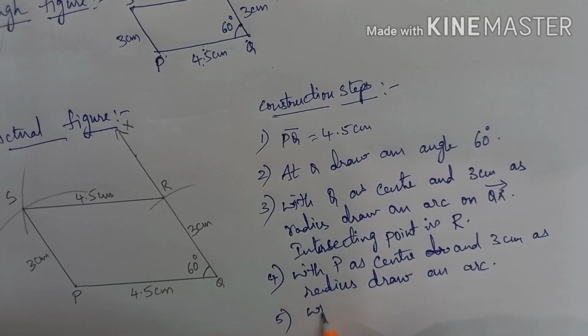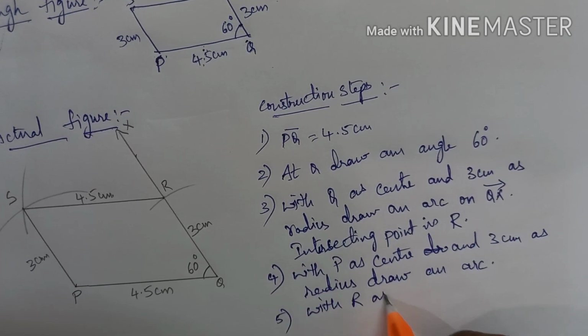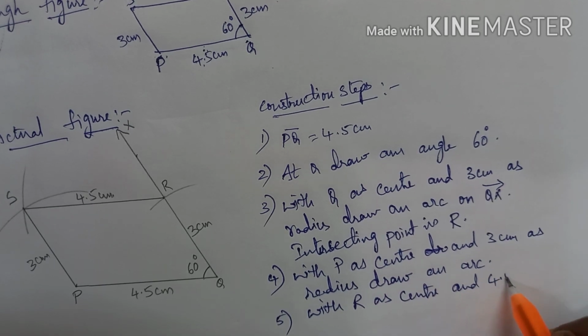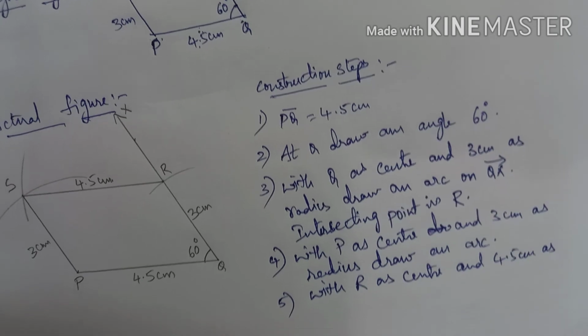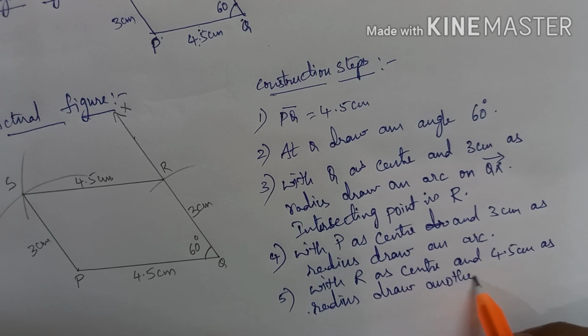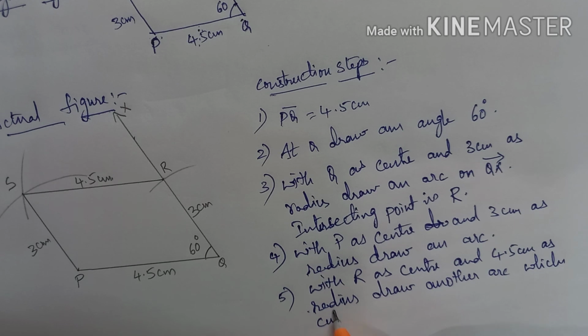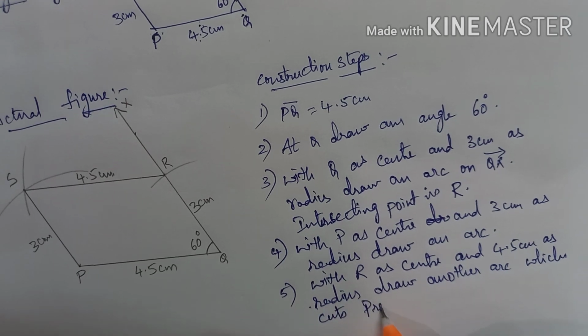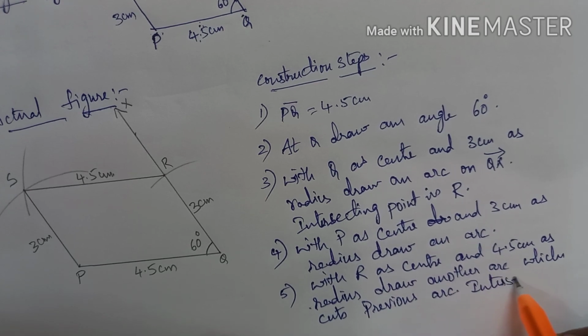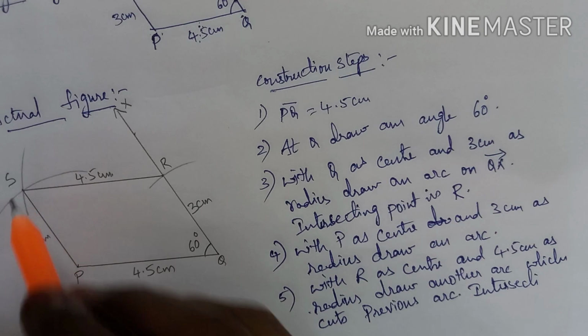And with R as center and 4.5 centimeters as radius, draw another arc which cuts the previous arc. Okay, the intersecting point is S.